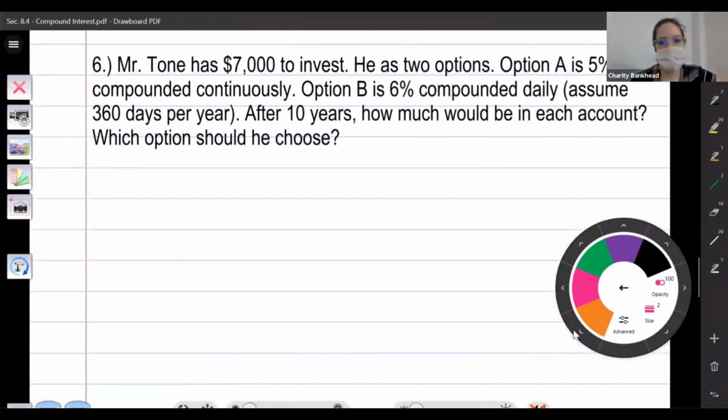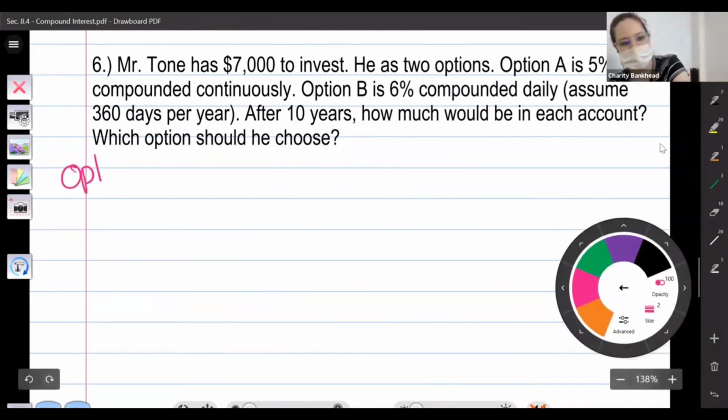Option B is 6% compounded daily, assuming 360 days per year. Not sure why they always tell you that, other than maybe there's 5 bank holidays or something like that. And then after 10 years, how much would be in each account and which option should he choose?